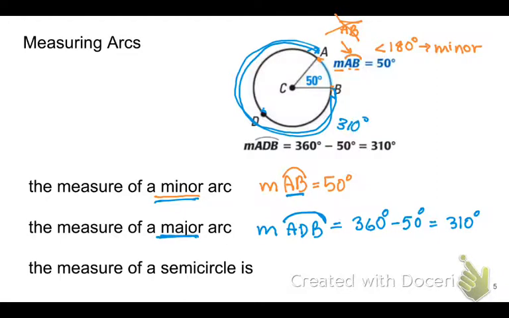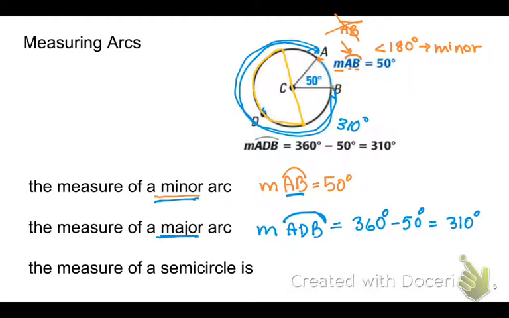So, the measure of a semicircle. Remember, a semicircle is formed by the diameter. The diameter touches both sides of the circle and goes through the center, and the semicircle is half. So we want this distance. It's half of the circle.